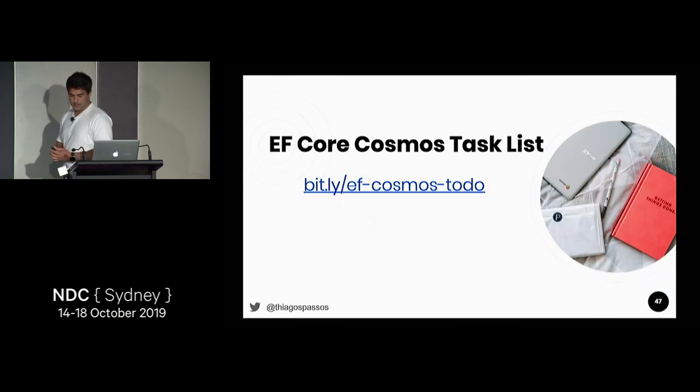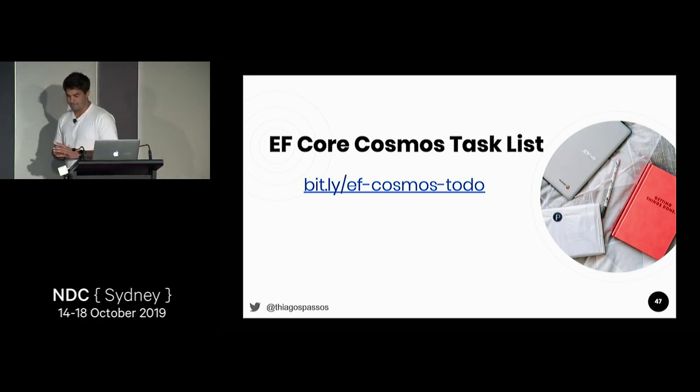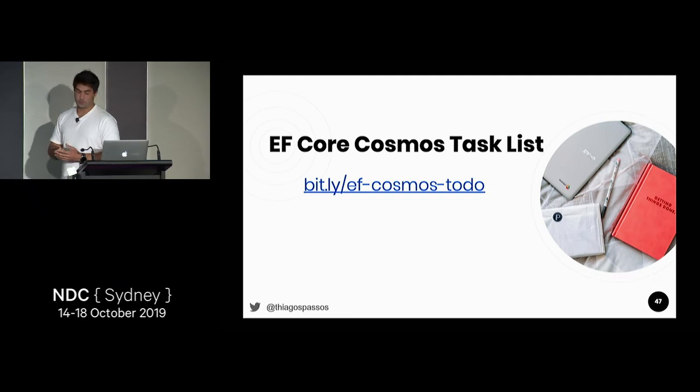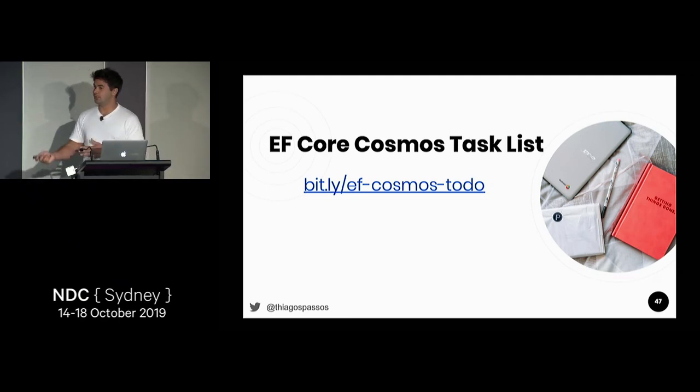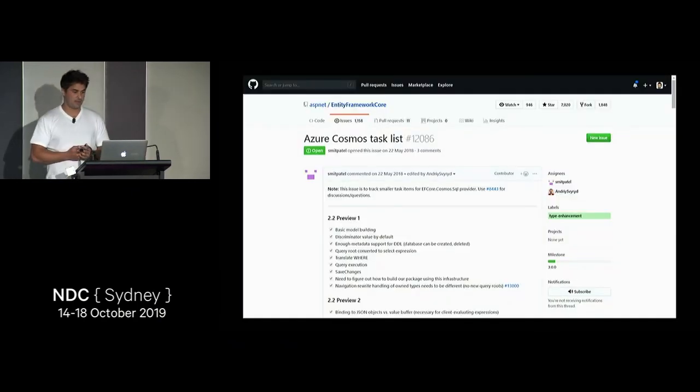All right. So after that, the Cosmos DB team that created the provider, they have a to-do list. And when I created this talk in the first place, they were still in RC, right? So they have a task list of all the features that they're going to release, and you can check that in the GitHub issue.